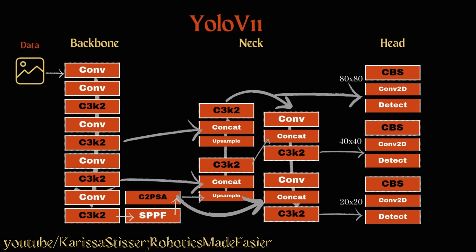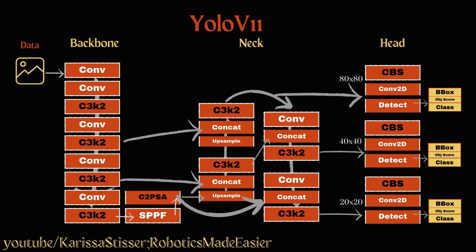The head varies based on the task at hand, but object detection has a set of Conv2D layers to reduce the features to the number of outputs needed for the bounding box coordinates and class prediction. Ultimately, for each object, we're still getting a bounding box, an objectness score, which gives us the confidence, and a class score, which helps determine the class.